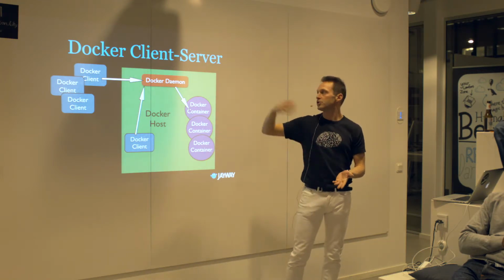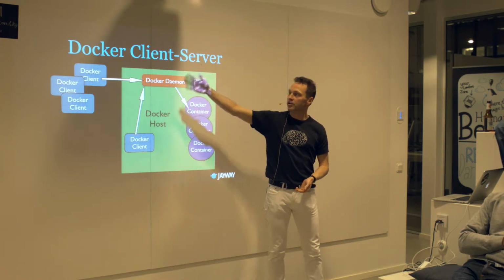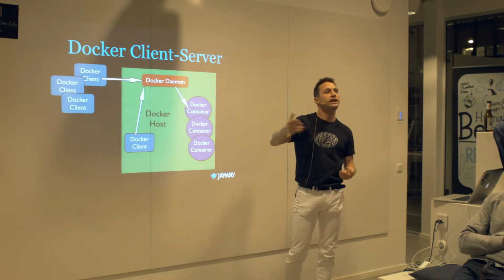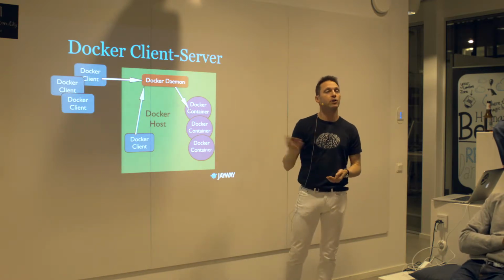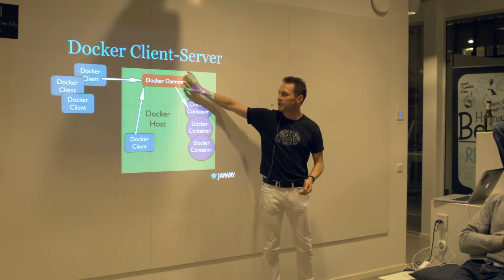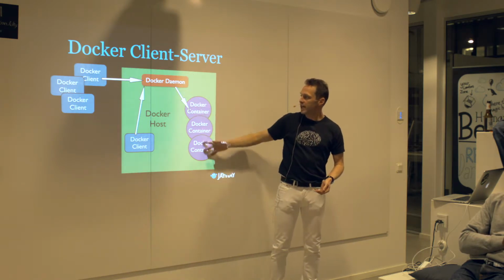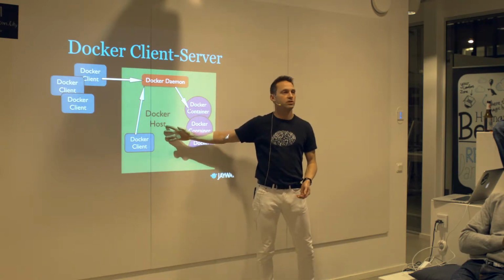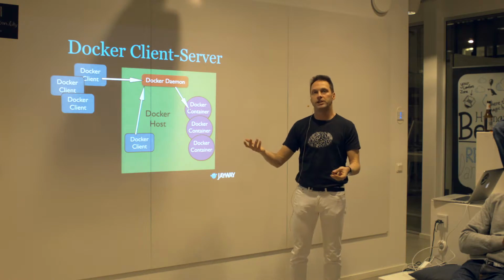Then it just talks to the Docker daemon through a Unix socket. And you could have clients running on other machines, and you can talk over TCP/IP. It doesn't matter; it works the same way. But it's the daemon that handles the containers, and all the containers are running on the host, and the host is just the real machine or the virtual machine.